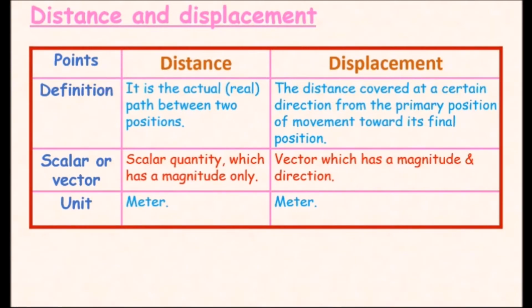Distance, its definition: it is the actual or real path between two positions. So when I'm moving from Cairo to Alex, the actual path is 300 kilometers.